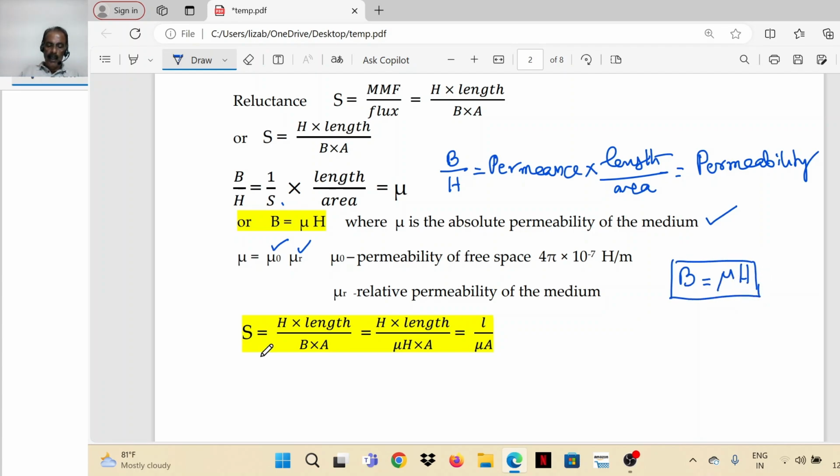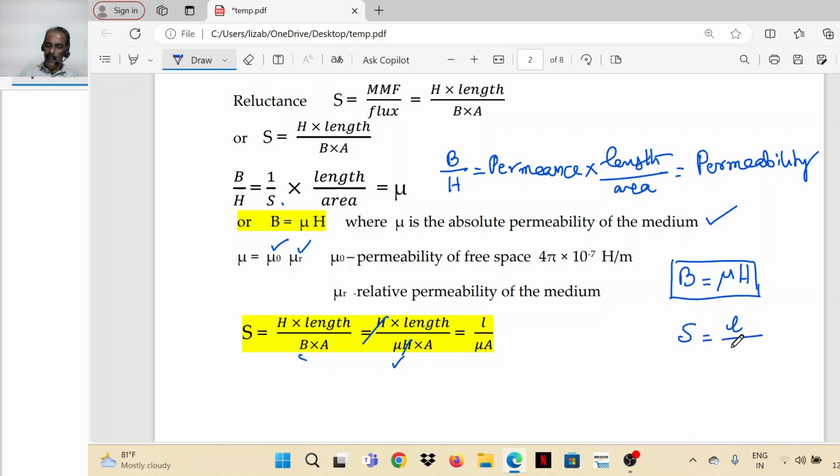And one more relation: reluctance is equal to H into length divided by B into A. The same equation, H into length divided by B into A. B you can substitute as mu into H. So H and H cancel. Length divided by mu A, or L divided by mu A, is the equation for reluctance.